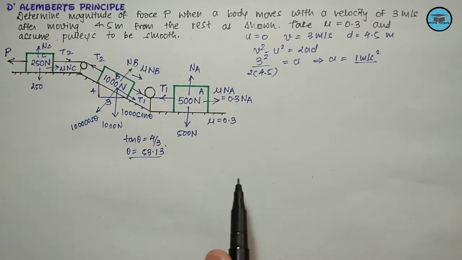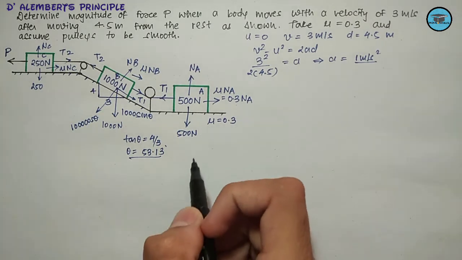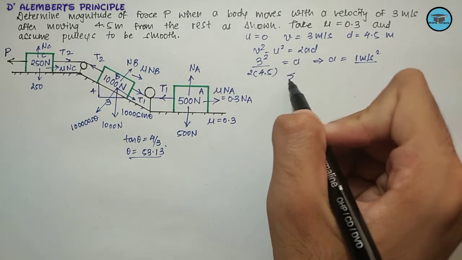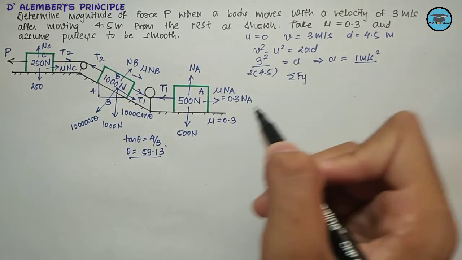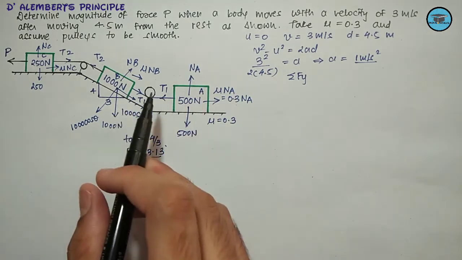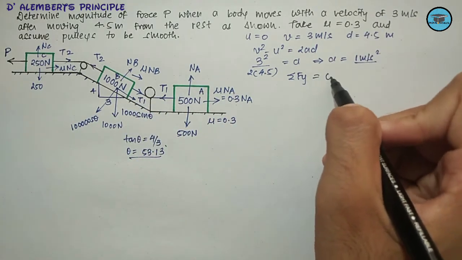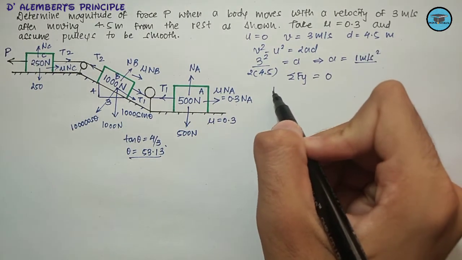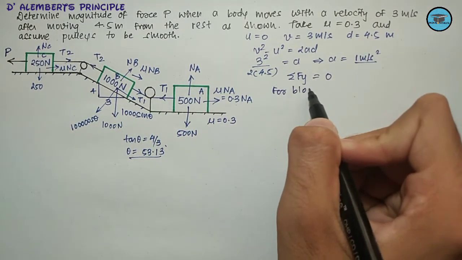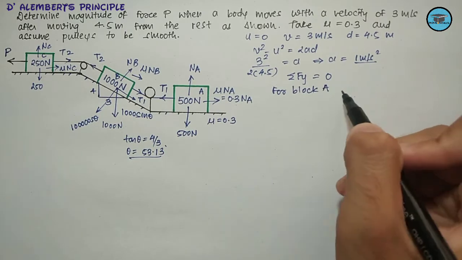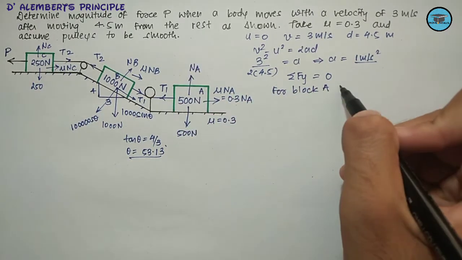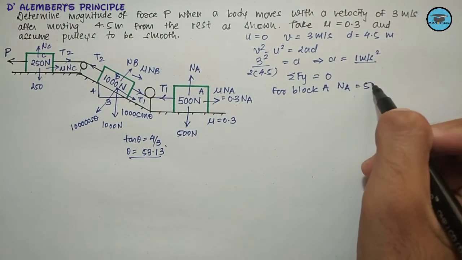Now we apply D'Alembert's principle in the y direction. Sigma Fy, and there is no motion in the y direction, so the acceleration is 0. So sigma Fy equals 0. For block A, we get NA equals 500 Newton.